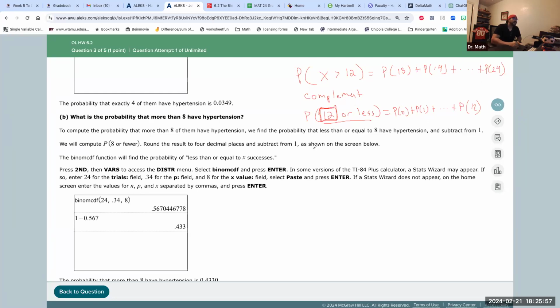And because it's the complement, I now know in my calculator, I do 1 minus binom, and again, I just made this problem up, CDF, gotta be careful, binomial CDF, 24, because that's the trials. My probability has not changed, 0.34. And this time, my X value, I want to get rid of all the numbers up to 12. And why do I say I want to get rid of? Because it's a complement. It's 1 minus all these numbers. And this is what I would plug into the calculator.